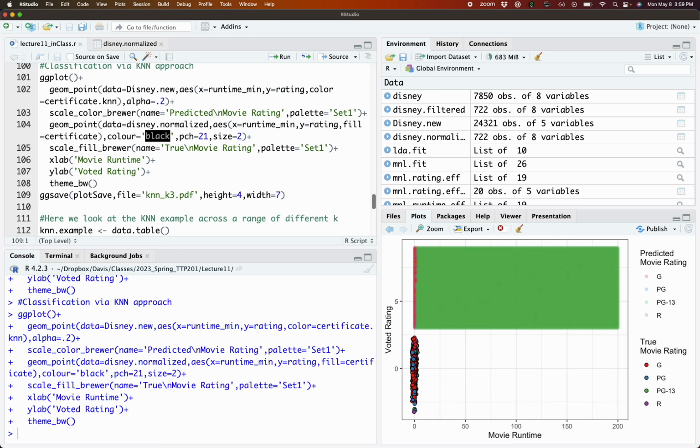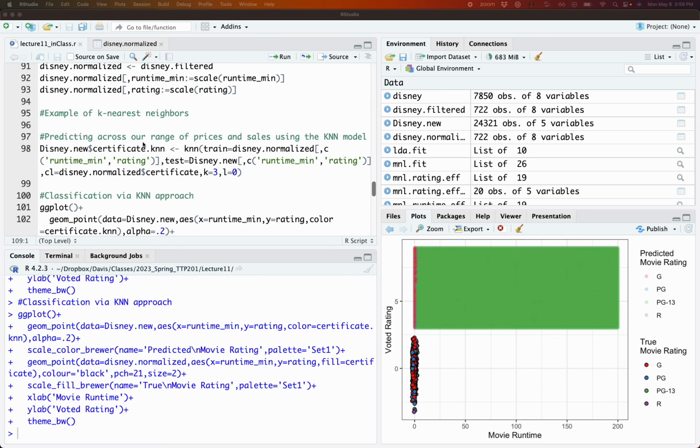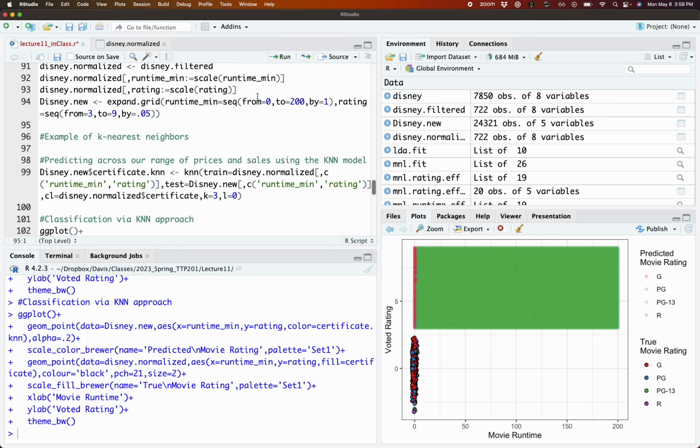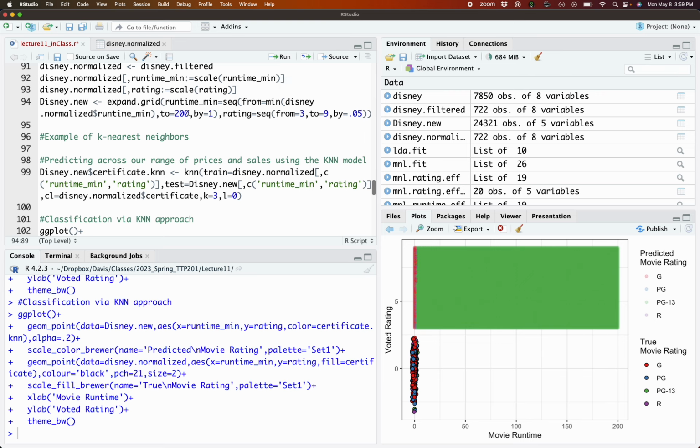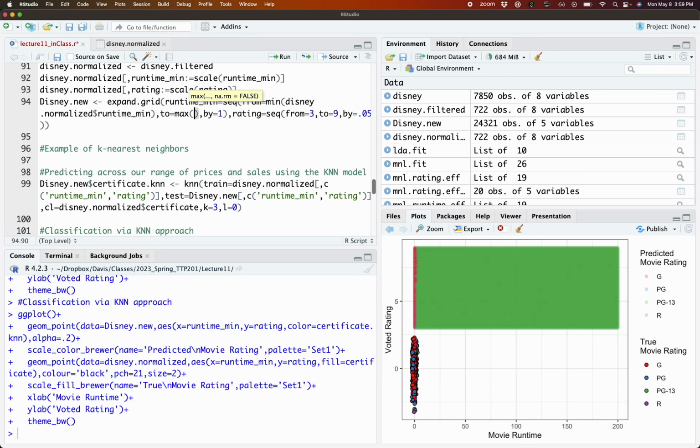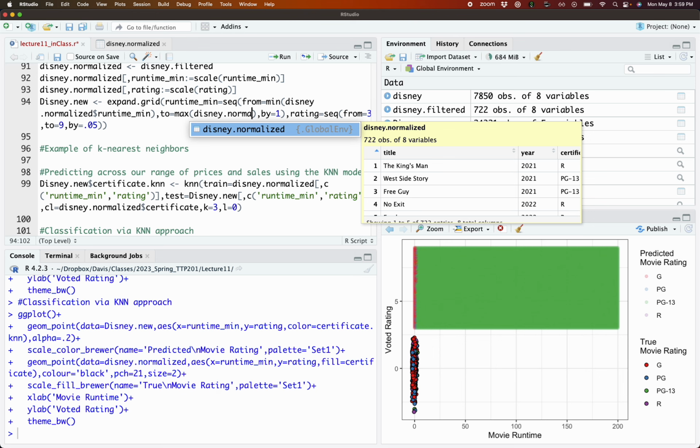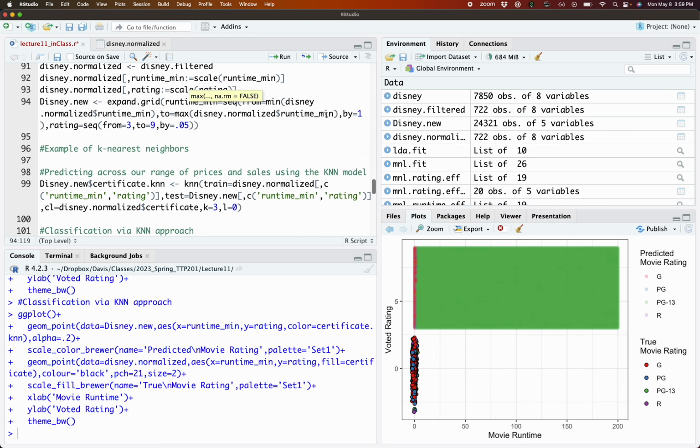We need to do a different Disney new, and we're going to make a sequence from the min of Disney.normalized$runtime to the max of Disney.normalized$runtime, by, let's say, 0.01.